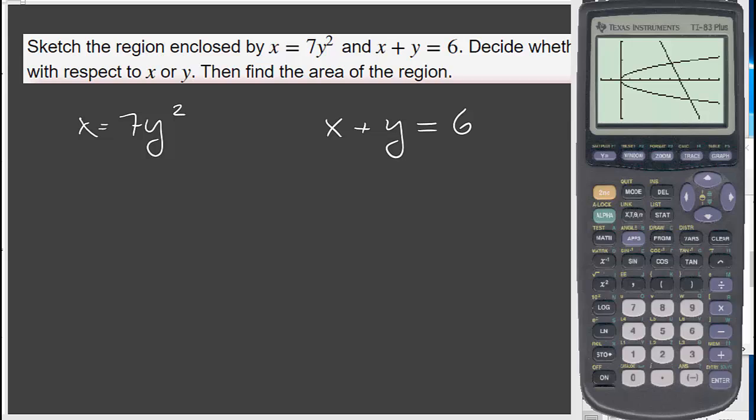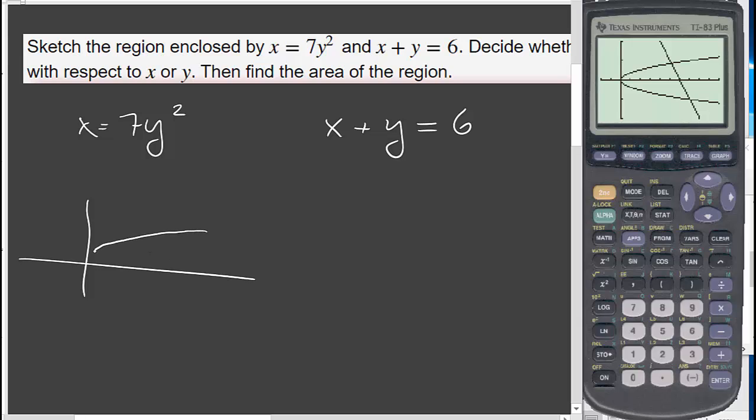So now we need to decide whether we're going to be integrating with respect to x or y. So let's look at this. If we were integrating with respect to x, what would that be? Here I've just sketched the graph, and what we notice is that if we're integrating with respect to x, which would be the top minus the bottom, once we get to this line here, we're going to have two separate integrals that we'll need to solve.